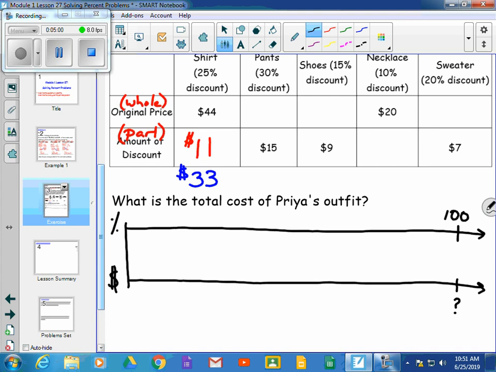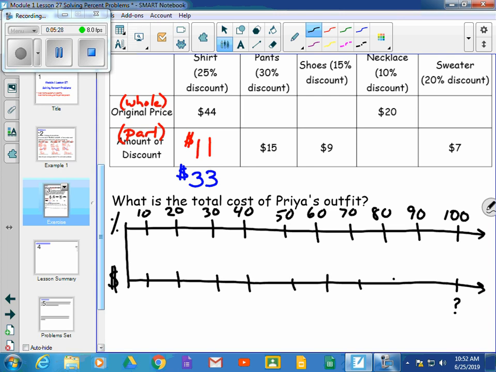Well, in order to get 30%, I'm going to have to go by tens. I'm going to split this top number line into 10 equal pieces, which means I'm going up 10, 20, 30, 40, 50, 60, 70, 80, and 90. Put the same tick marks in there and match up the 30% with 15.